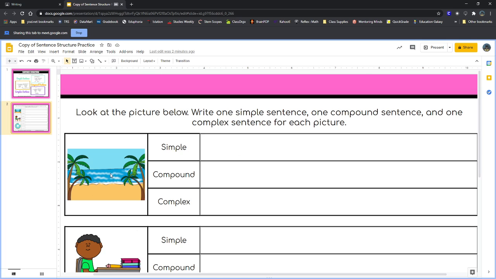So in this first picture, who can tell me, what do we see here for the first picture? Jadine? A beach? Okay, a picture of a beach. What is something that you see at that beach?